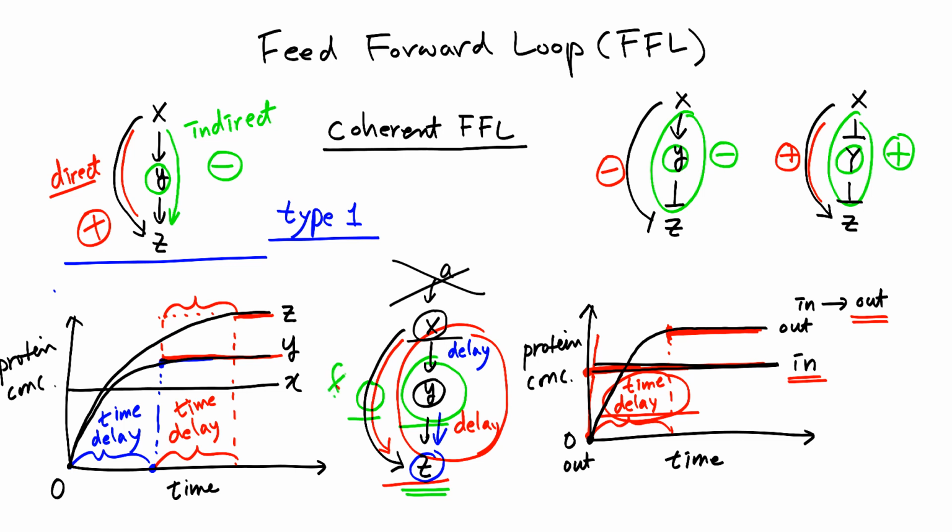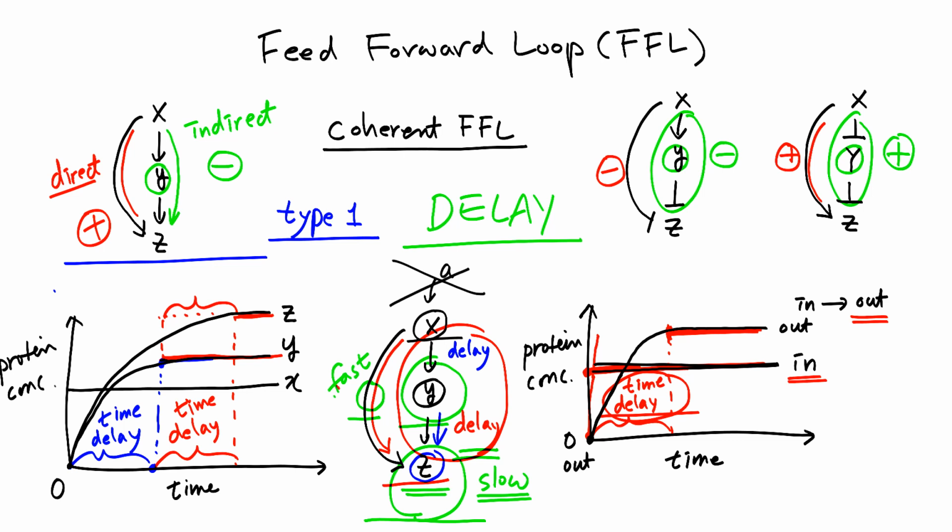So even though this direct path may be fast, if this indirect path is slow, the final dynamics is affected by this slow process as well. So the net effect of this type 1 coherent FFL is a delay of Z expression. And we will see later that this can play an important role in some biological applications.